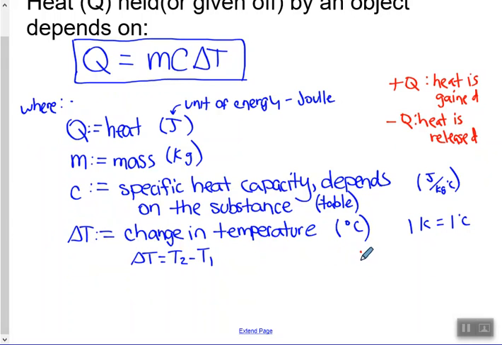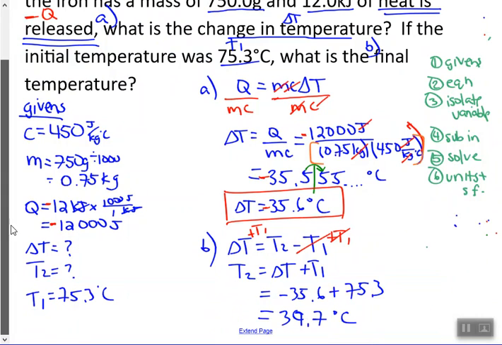If I have a positive change in temperature, that means temperature rose. Negative change in temperature, your temperature fell. So don't forget to check in your question whether you should have positive and negative heat and positive and negative change in temperature. Besides that, just double checking, making sure our significant figures are correct for this.